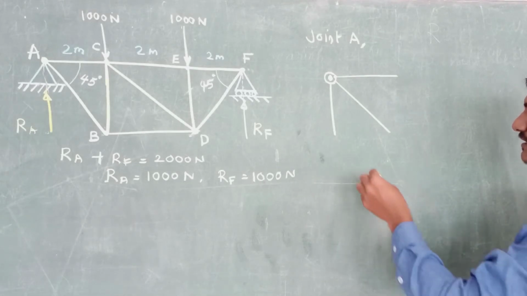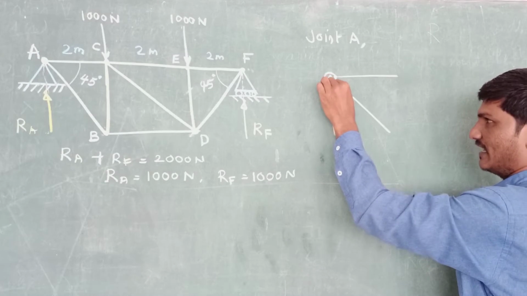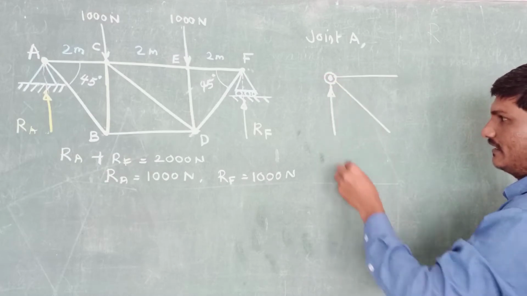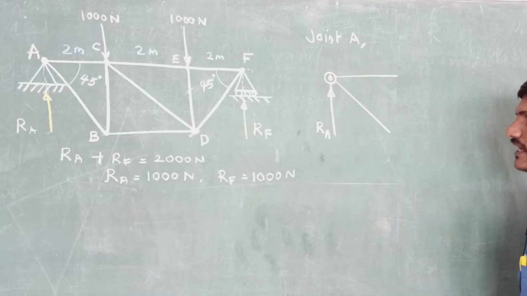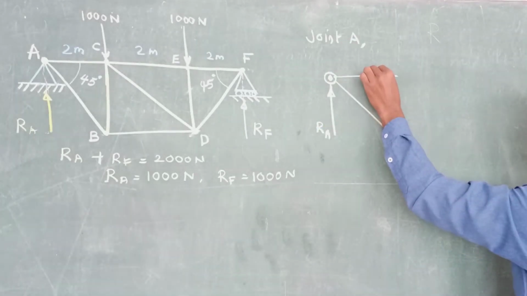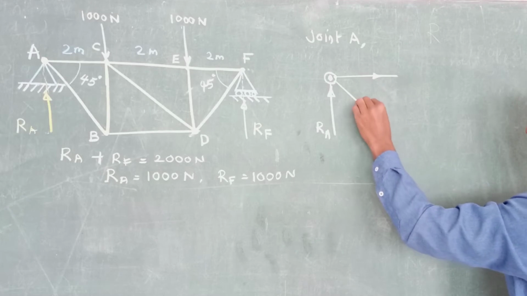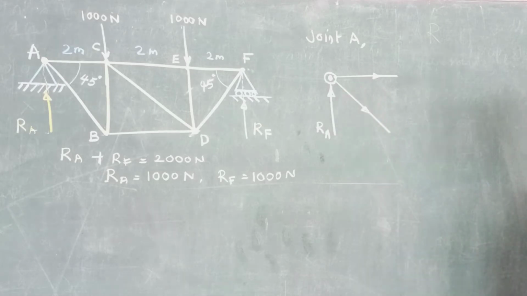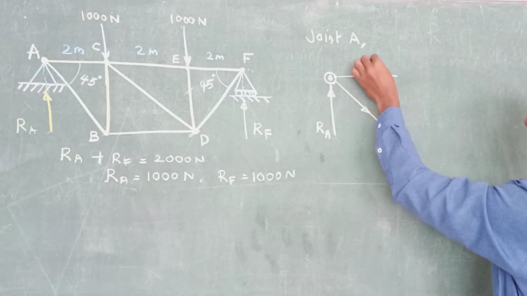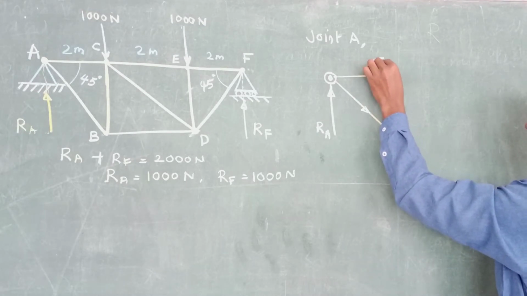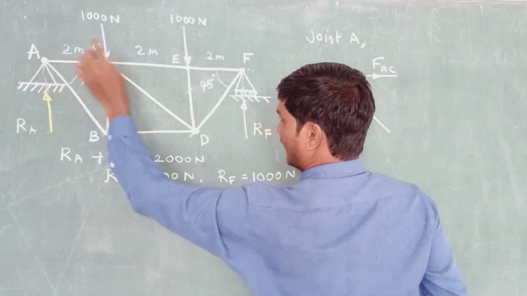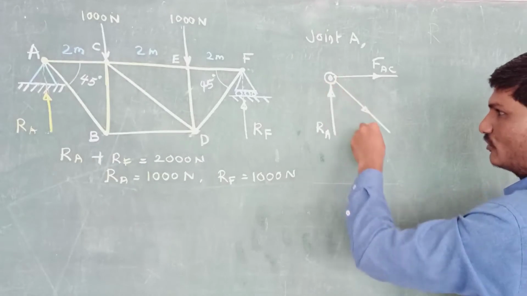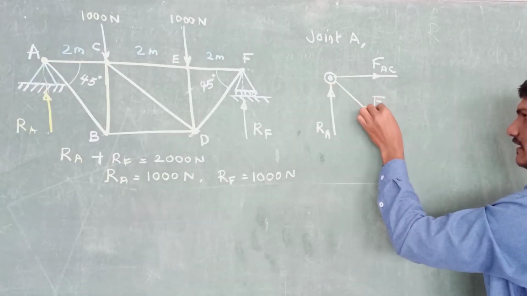The direction of RA we know: 1000 acts in the upward direction. The remaining forces we take as tensile initially. The forces are FAC, along the line A to C, and FAB, along A to B.